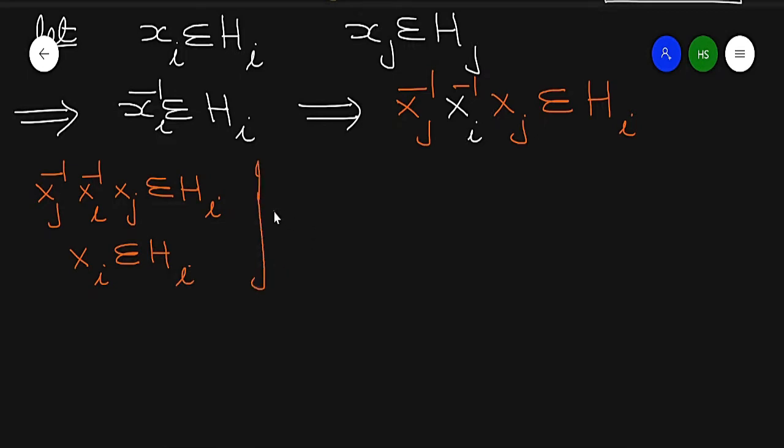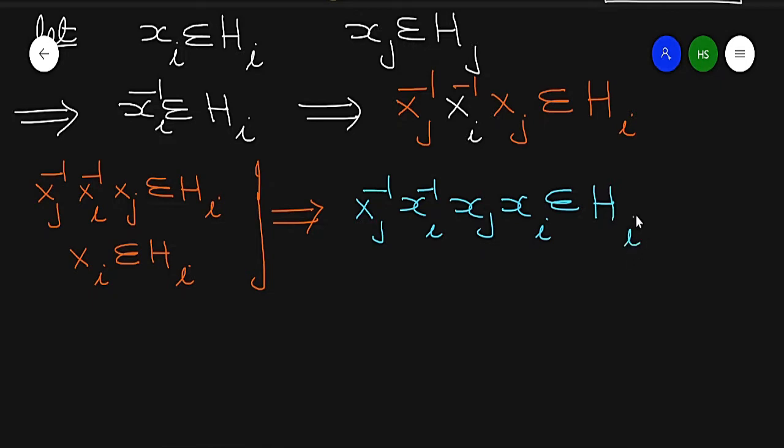Since Hi is a subgroup, it is closed under the binary composition, so Xj inverse Xi inverse Xj Xi belongs to Hi. Similarly, we can prove that it belongs to Hj.